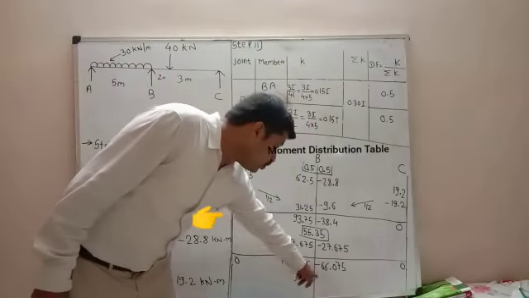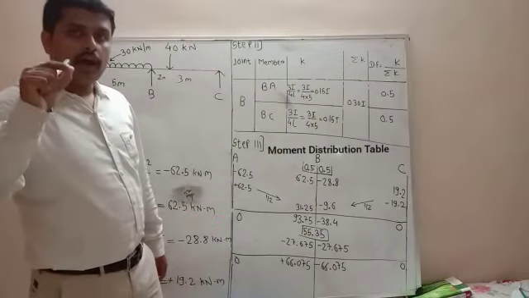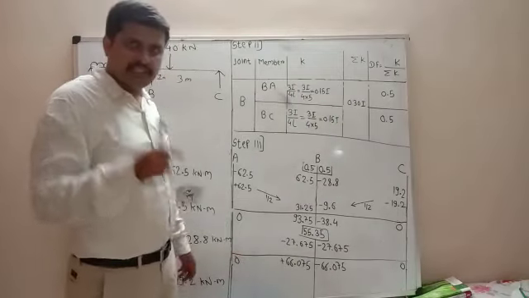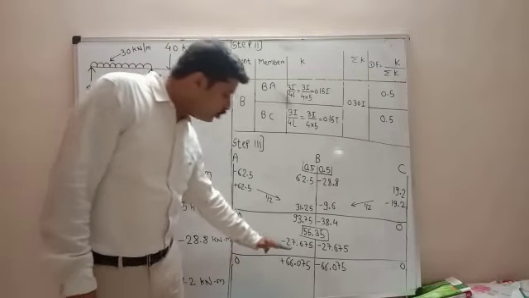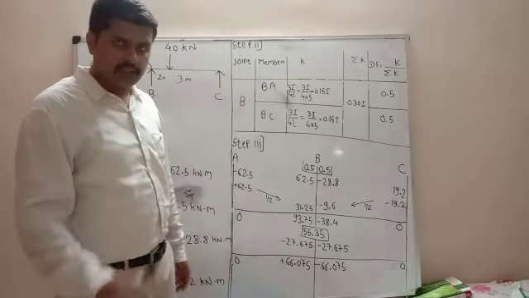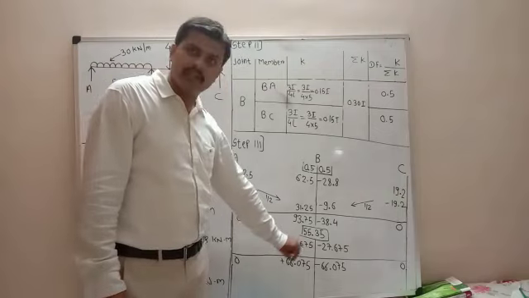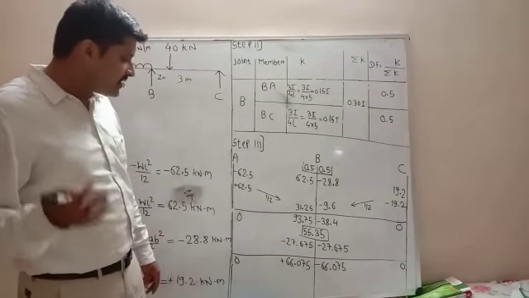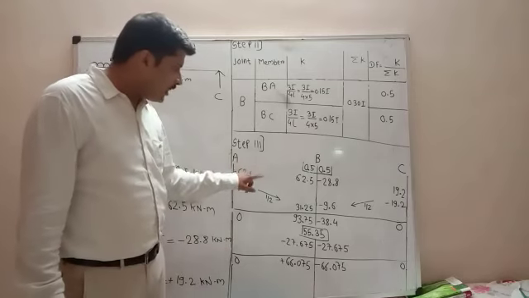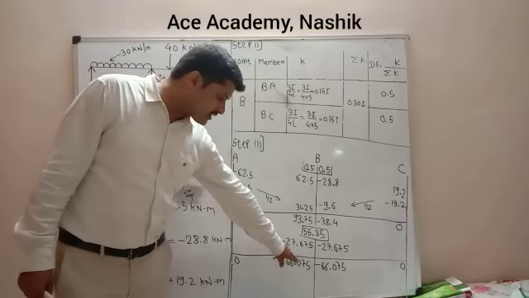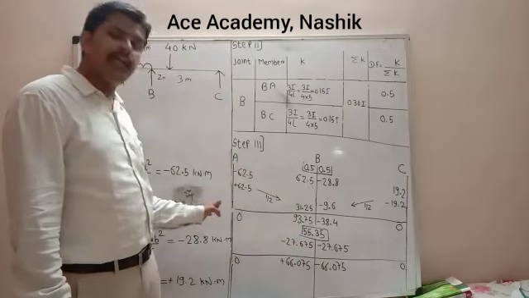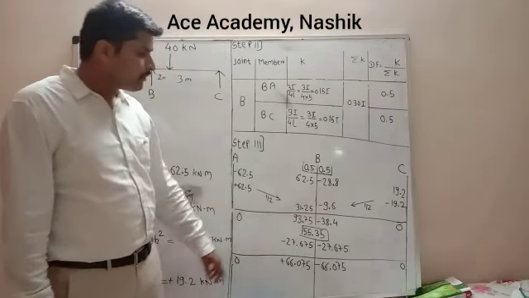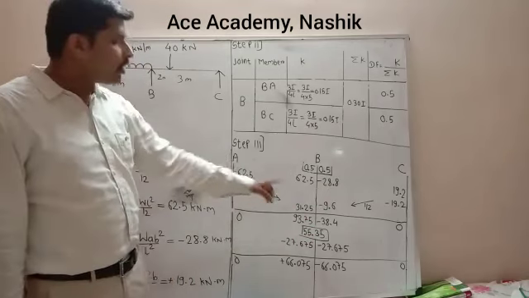Hence, these two values are equal and with opposite sign. Hence, there is no need to solve it further. We will stop here. This concludes that our final end moments are 0 for MAB, plus 66.075 for BA, minus 66.075 for BC, and 0 for CB.